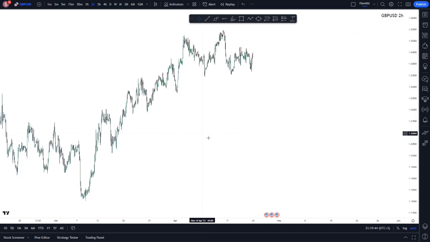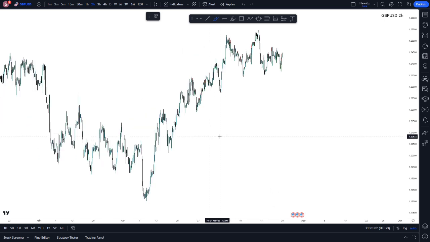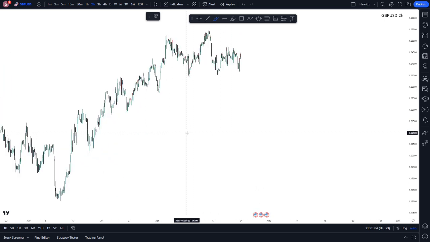So we have a normal idea of price action, right? That price moves in a certain manner that it creates highs and lows over time, whether it's going to be higher highs and higher lows in a bullish trend, or lower lows and lower highs in a bearish market.